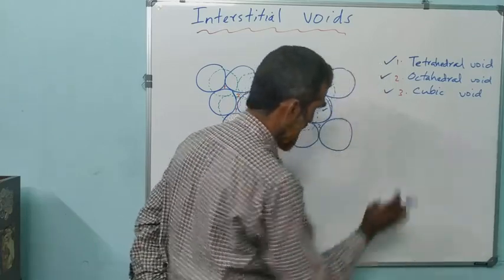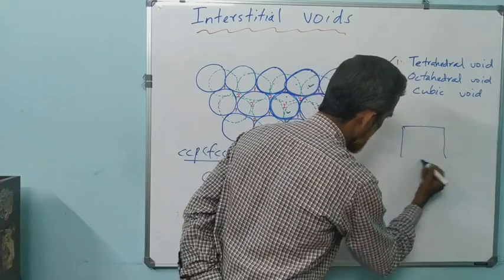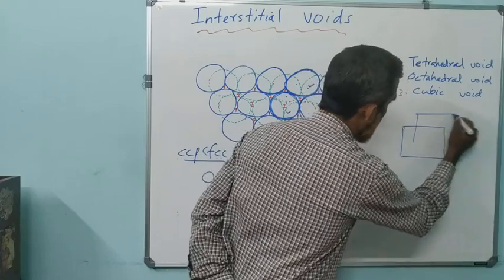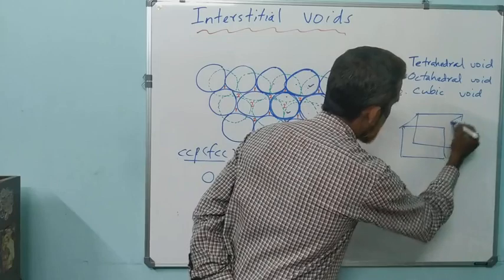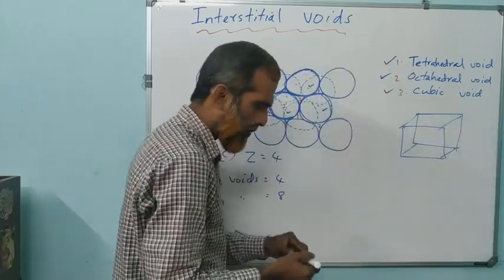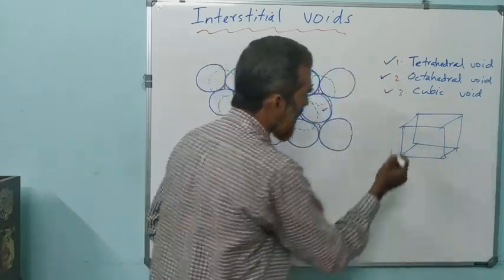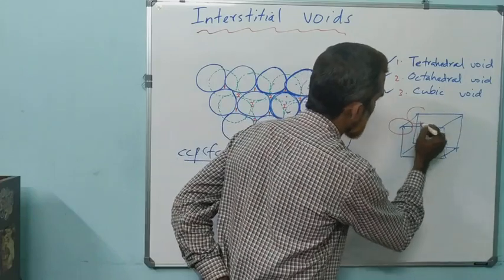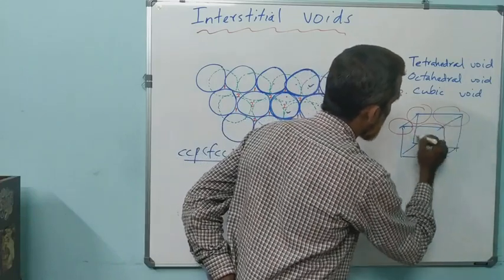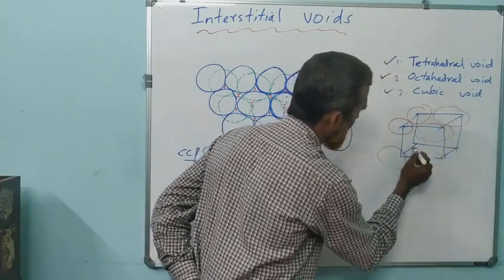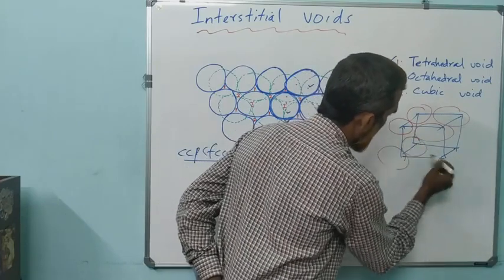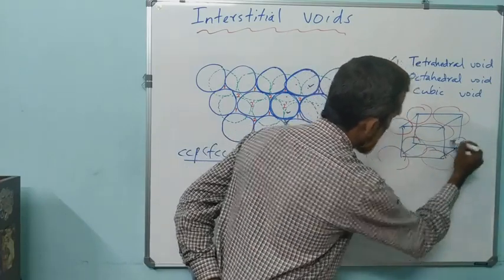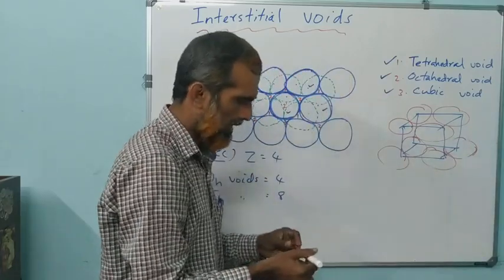If I draw it like this using a cube, it will be easier. Suppose there are particles only at the 8 corners, like this. Of course, they will all be in touch.